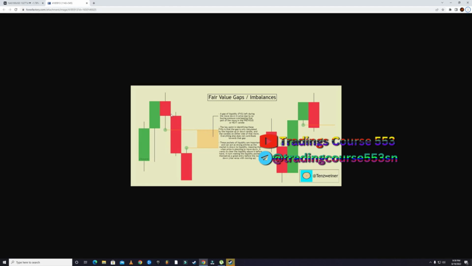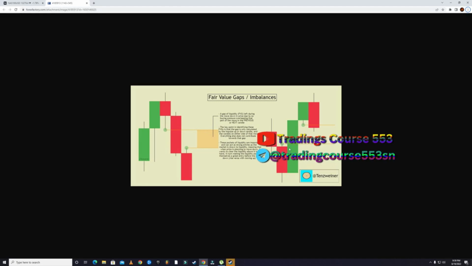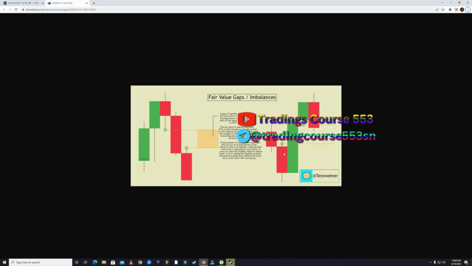All right. So if we look at the buy example here, we look for the high of the first candle and the low of the third candle. So this is again a three candle formation. Remember that 1, 2, 3. So the first candle, we're looking at a buy example, the high of the first candle and the low of the third candle, we have to look for these two things.